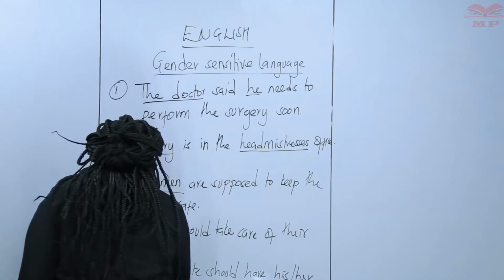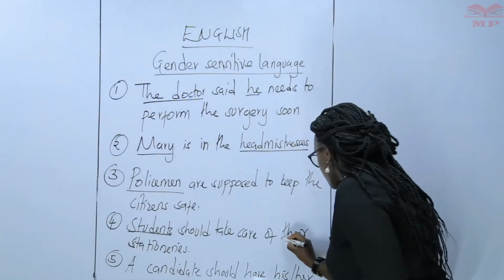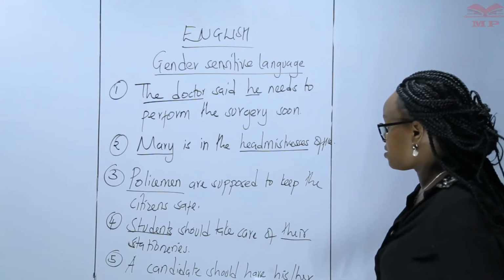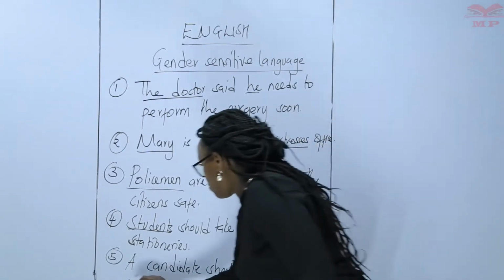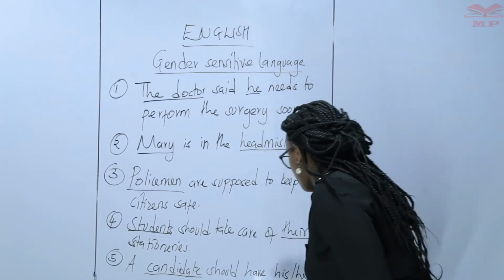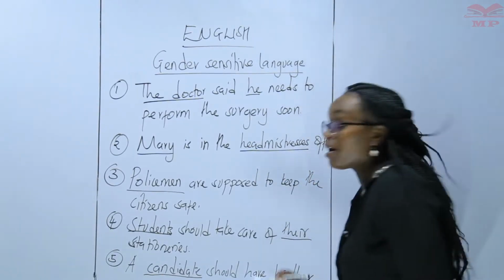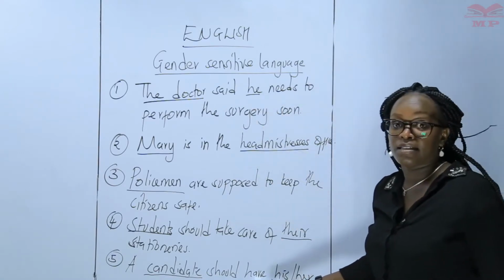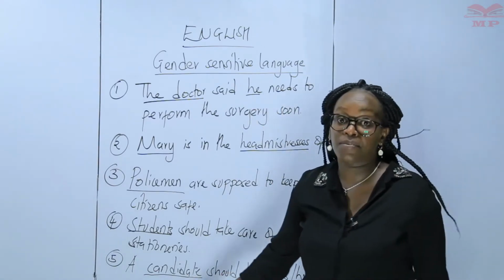Then we have students, and then we have their. And then, a candidate should have his or her pen. So we have candidate there, and then we have his or her pen. The pronouns that I've just underlined here stand in place of the subject of the sentence.